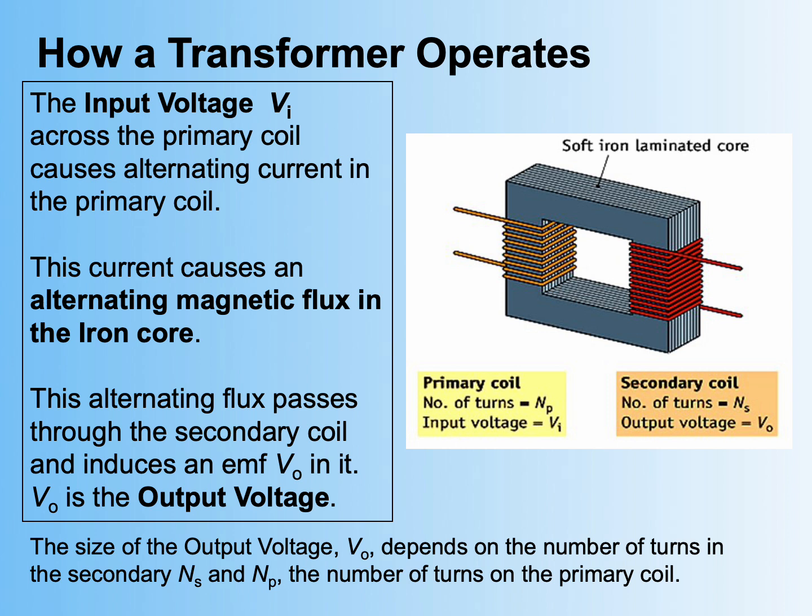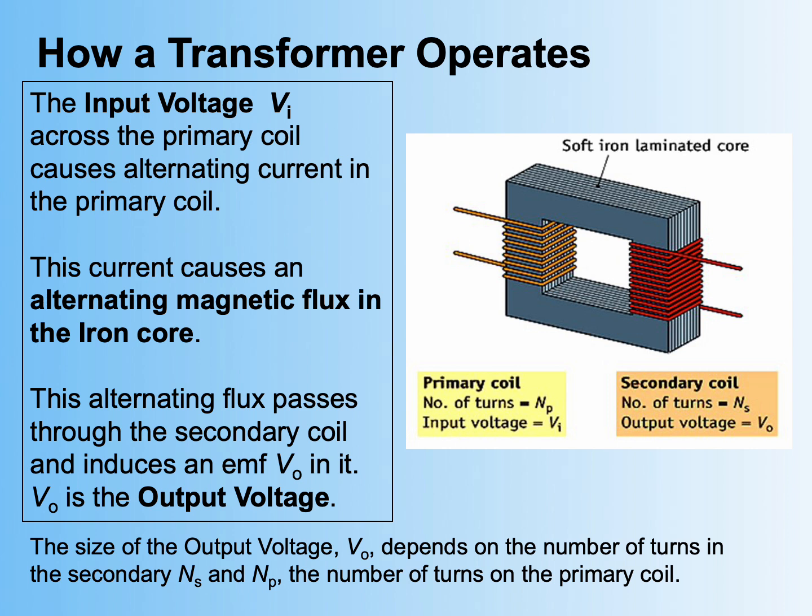So what happens here on the left hand side is the input voltage, which we'll call VI, causes an alternating current in that primary coil, and this then causes an alternating magnetic flux in the iron core.